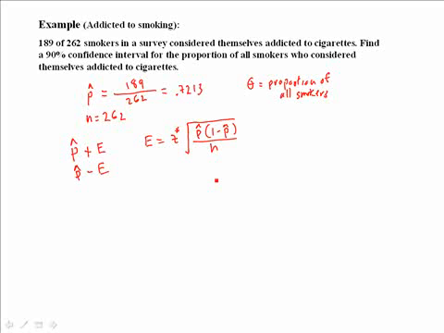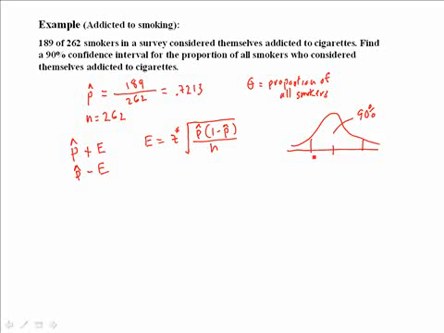Let's remember what this means, and let's draw a picture of it. I look at the normal curve, and if I'm computing a 90% confidence interval, then inside here in the middle I have an area that represents 90% of the area.